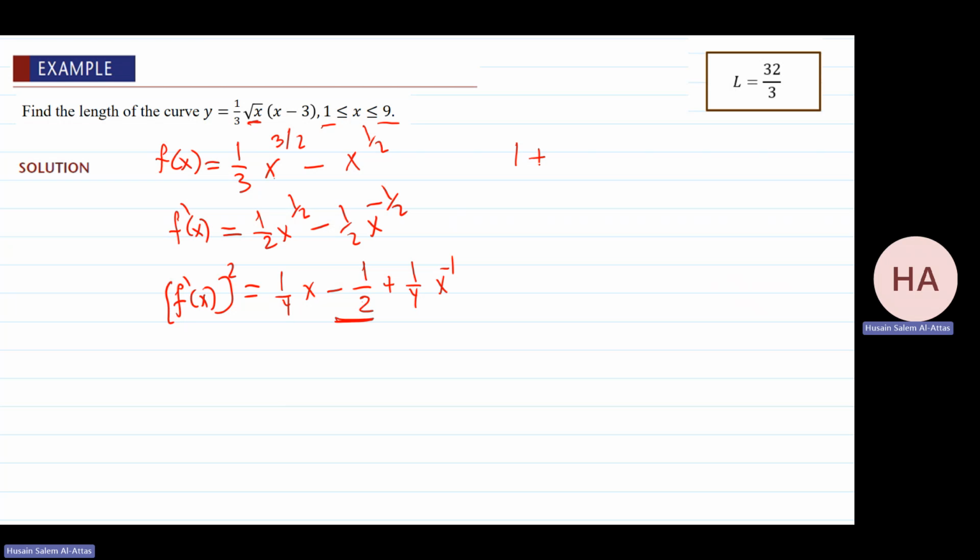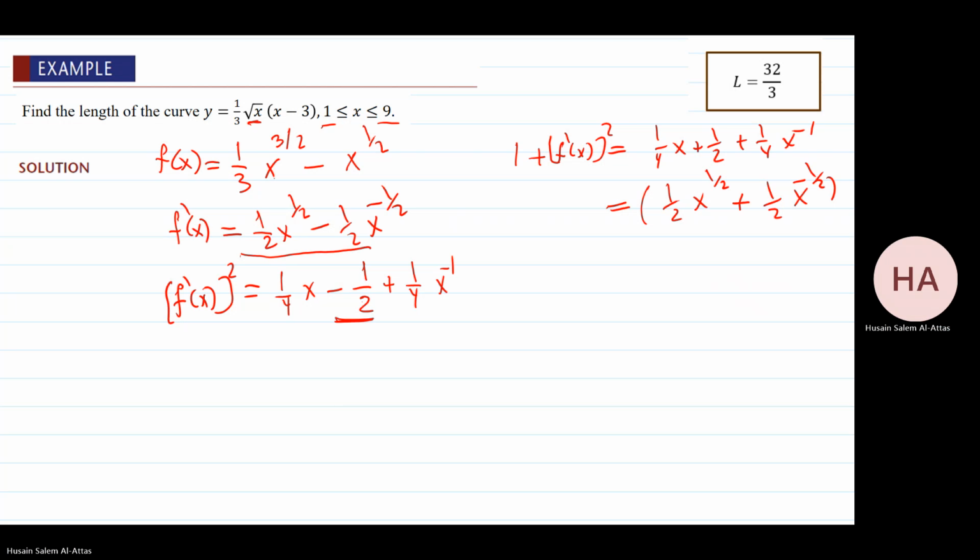So I have 1 plus f prime square. That will be 1 over 4 x plus half plus 1 over 4 x to the power minus 1. And this one I can rewrite as half x to the power half plus x to the power minus half, all squared.